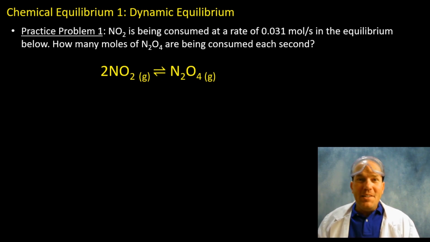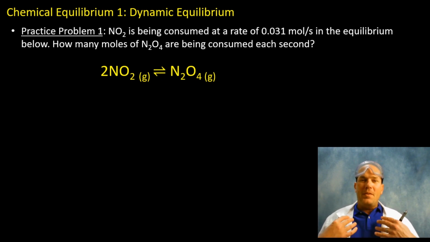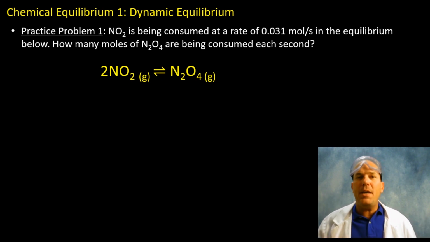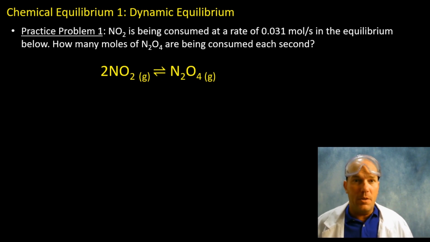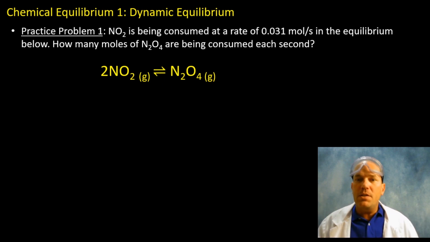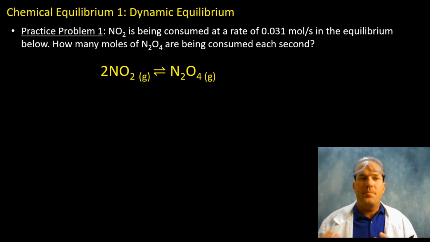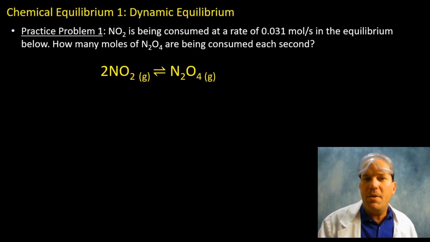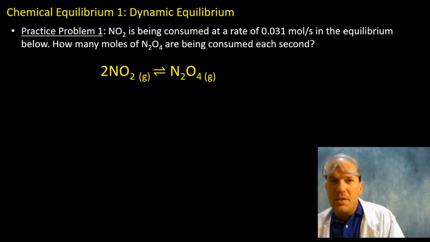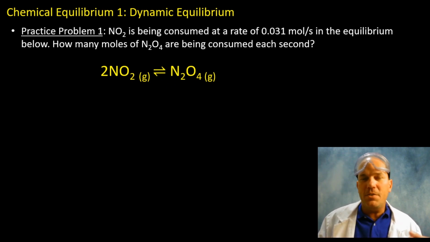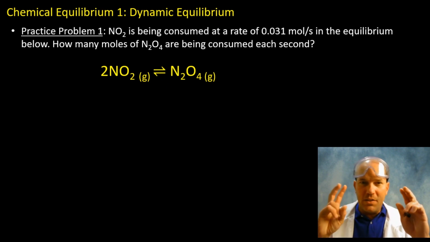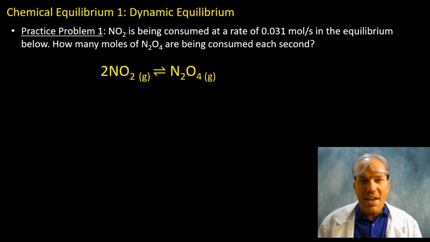So we need to look at the fact that our concentrations are going to remain constant at dynamic equilibrium. However, this question is saying that if the forward reaction in which nitrogen dioxide are being consumed, moving to the right, as the reactants push back to the left, the dinitrogen tetroxide are being consumed in the reverse reaction.